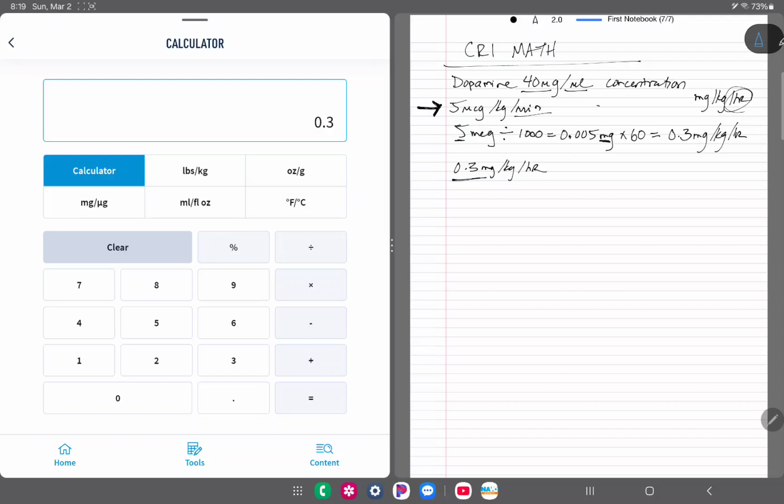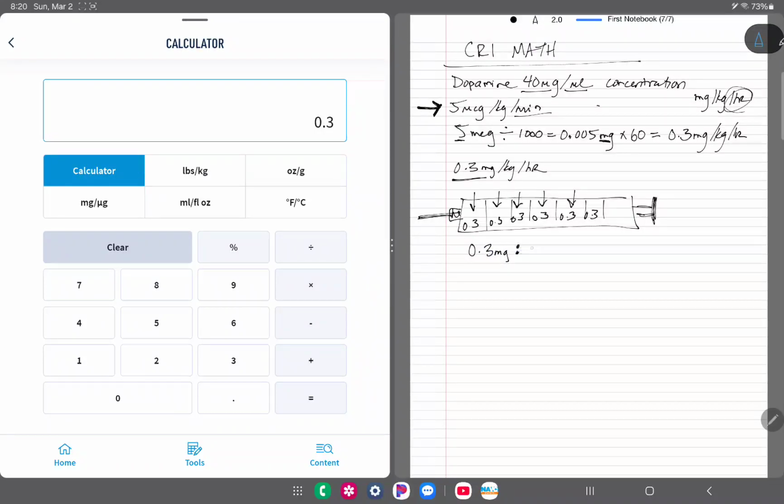If we say we want to put this into a syringe, then we're going to be thinking about, well, every single mil needs to have 0.3 mg in each one of those mils, and then that will equal a ratio that makes sense.